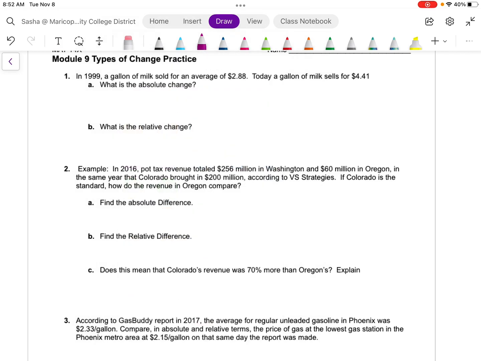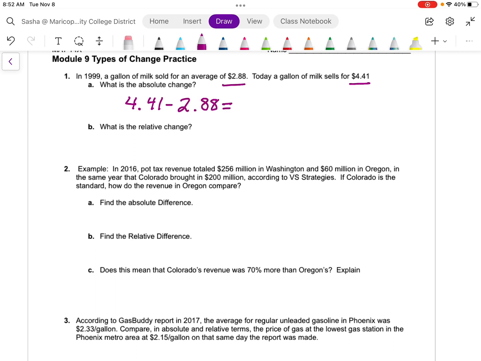we're looking at a problem that looks at the difference in average cost of milk. Back in 1999, it cost $2.88, and today milk sells for $4.41 on average, and I want the absolute change. That's as simple as taking the new value, the price we're now at, and minusing the original cost.